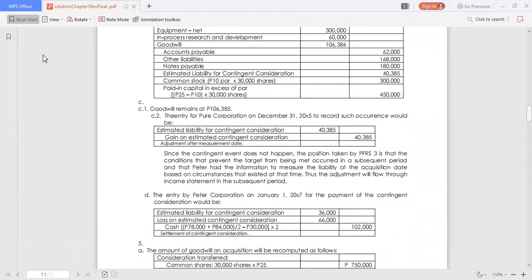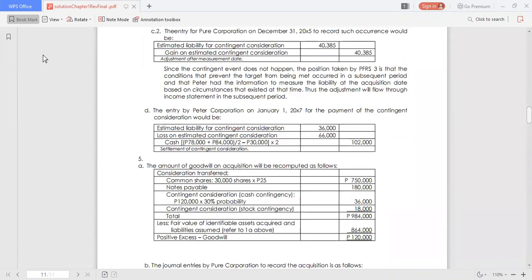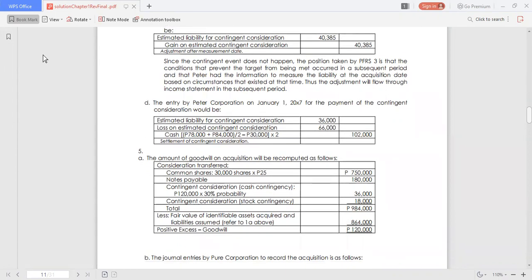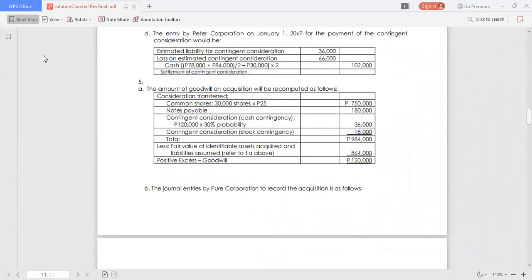The entry on January 1, 20x7 for the payment is to debit estimated liability for contingent consideration, debit loss, and credit cash for 78,000 plus 84,000 divided by 2 minus 30,000, times 2. So we have this settlement of contingent consideration.